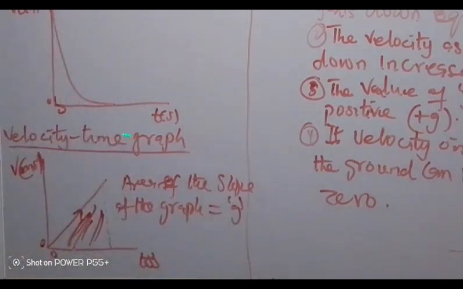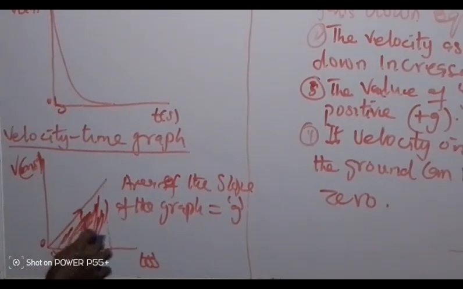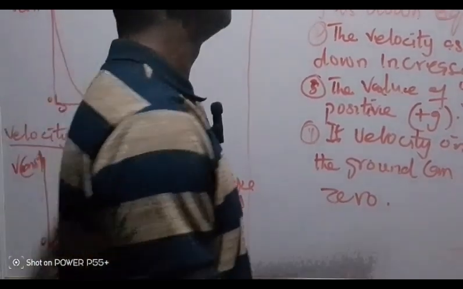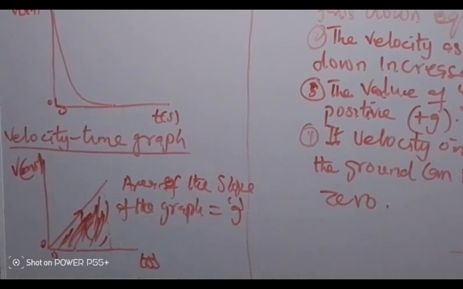Don't forget, because of objective questions, the slope of the graph is equal to the acceleration due to gravity, due to that of an object moving up vertically, as we treated the other time.